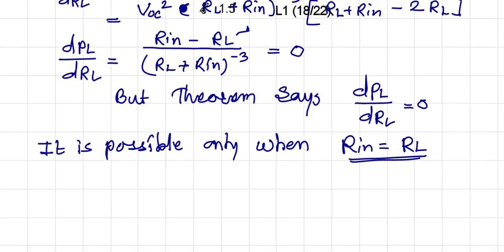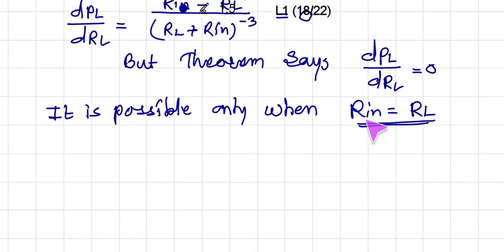So we now see here that when RL is equal to Rin, RL will extract maximum power from the network.